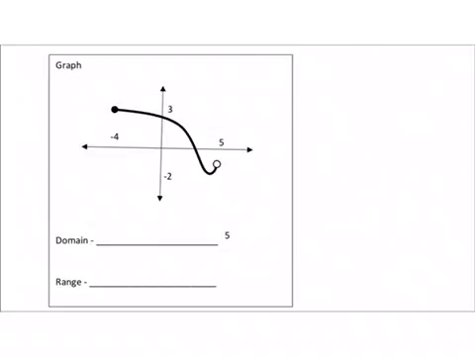Our next example will be an actual graph. Now this is going to be a little tricky, but we're going to do this kind of an easy way. Domain will be everything from here to here. So we'll say it's everything between -4 and 5.